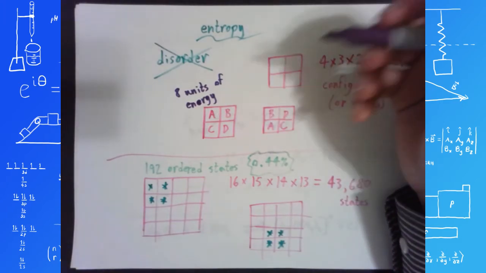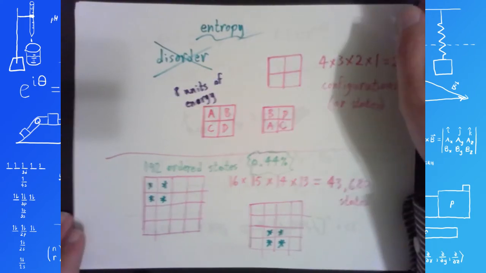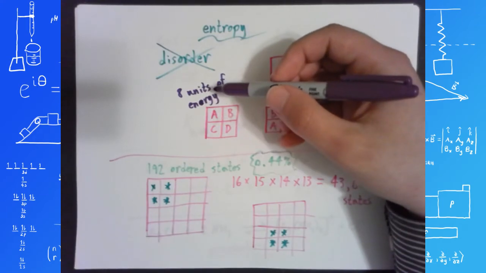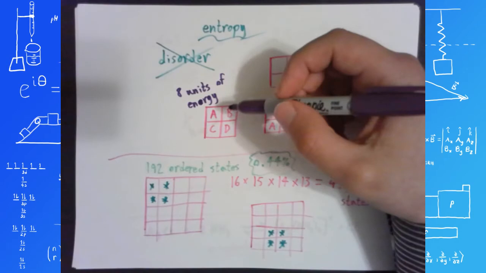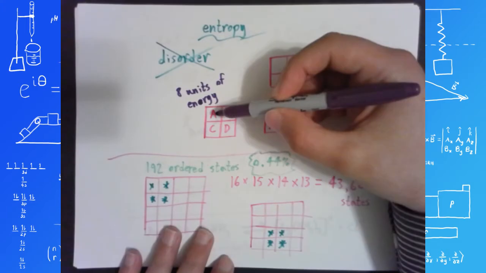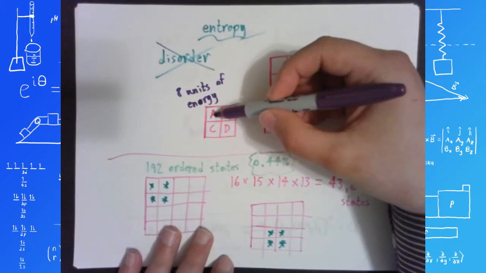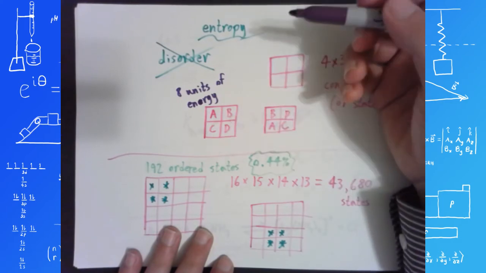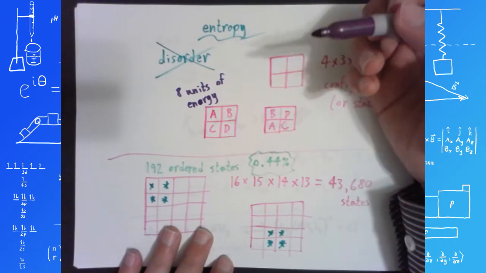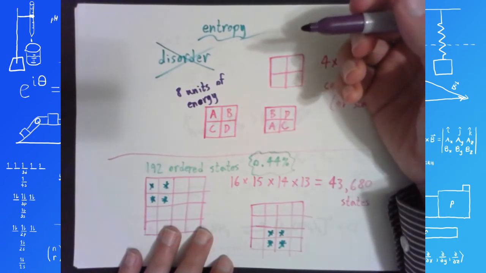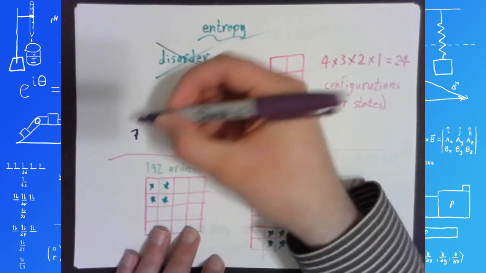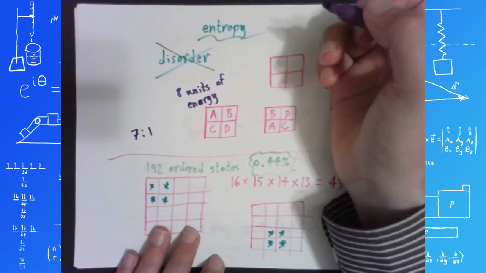But of course, there's a bunch of different ways that these 8 units of energy could be spread across the 4 particles. You could have all 8 units of energy concentrated in just one particle and no energy in the other 3. There's 4 of those configurations. One is when you have all 8 units on A and none on B, C, or D. Another is if you have them all on B. Another is if you have them all on C. Another is if you have them all on D. Then there's a bunch of configurations where one particle has 7 units of energy and one particle has 1 unit of energy.